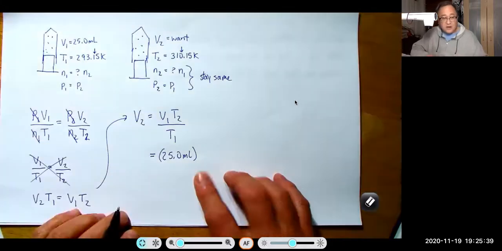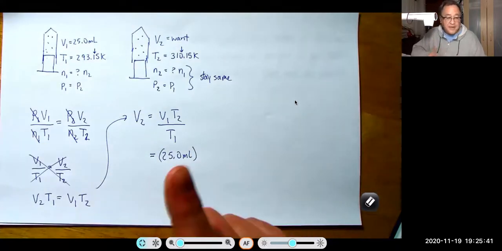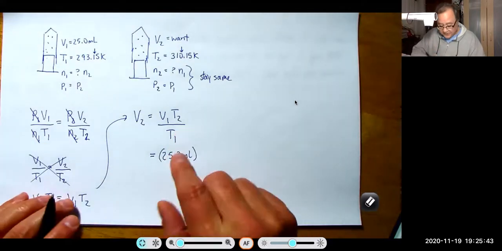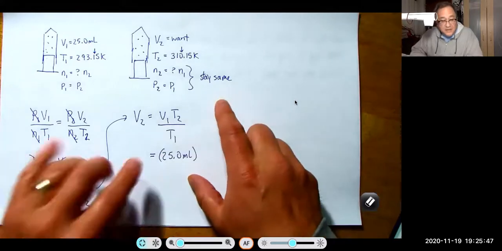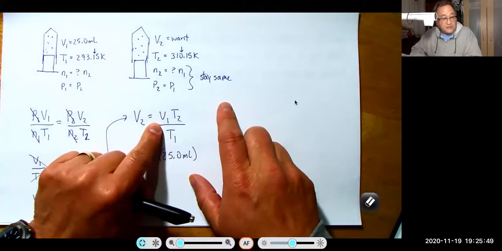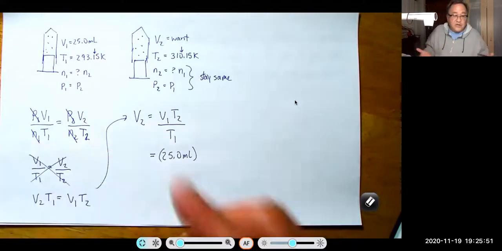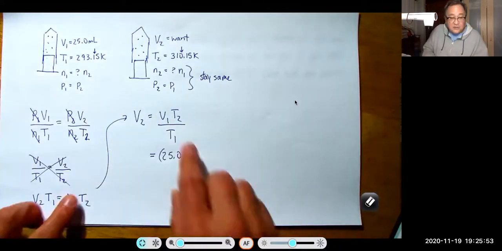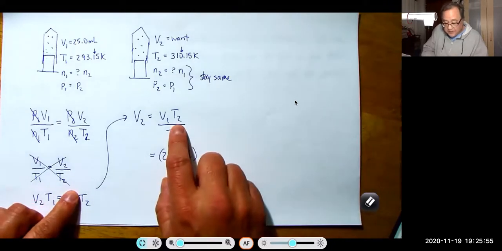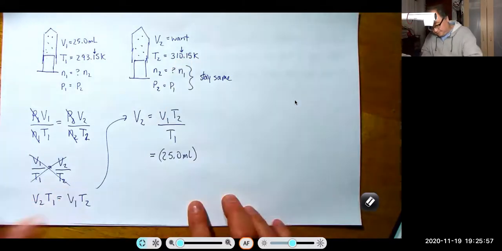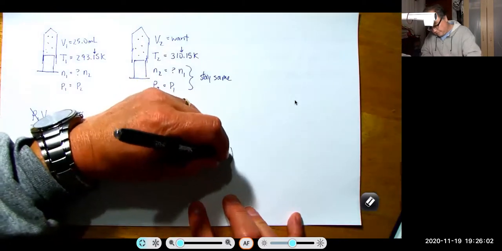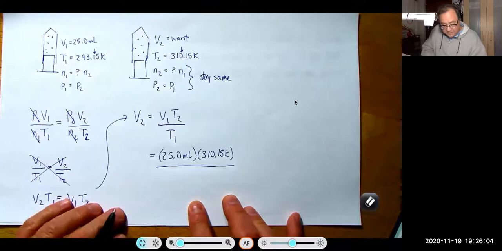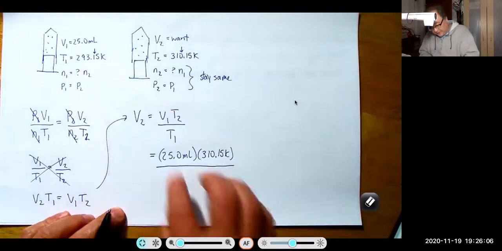Now, this is where many students make a big mistake. Do you see that that's T2 and that's V1? Many students put V1, T1 because it just seems to go together, V1, T1. That's not T1, it's T2. So we have to use that temp, divided by T1, which is 293.